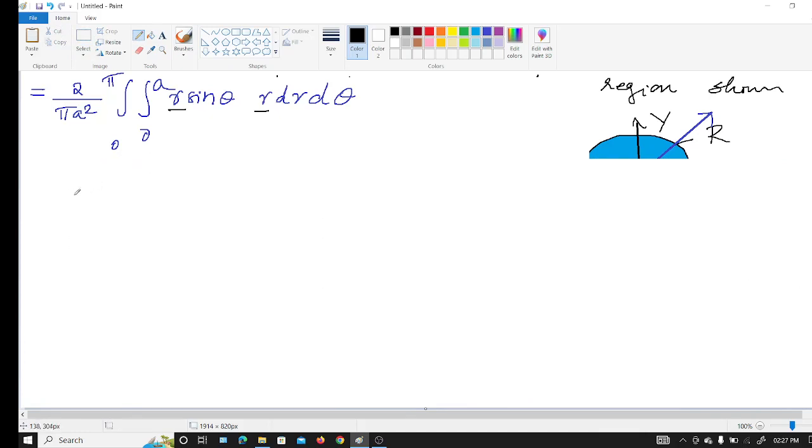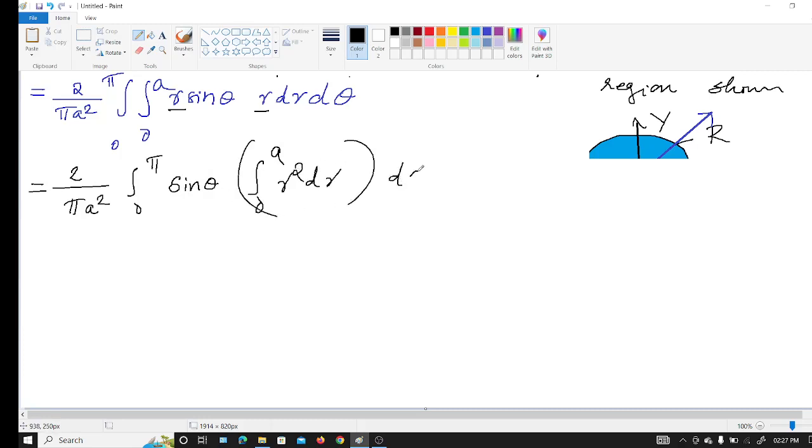So this is equal to 2 by pi a square, integral from 0 to pi. First we can integrate with respect to r. So sin theta is a constant. So integral 0 to a r square dr, then d theta.